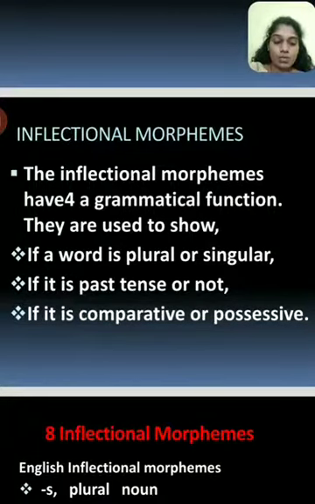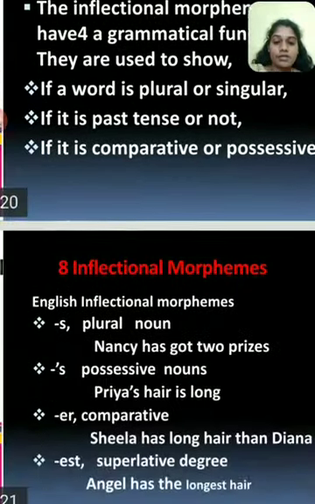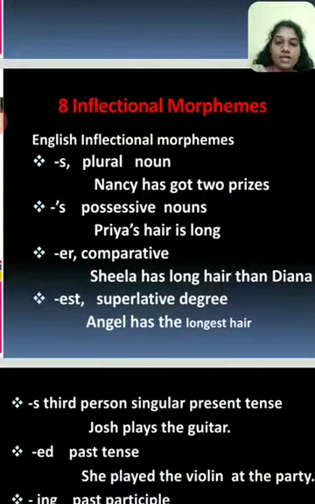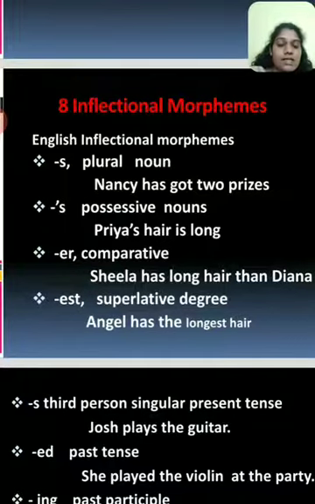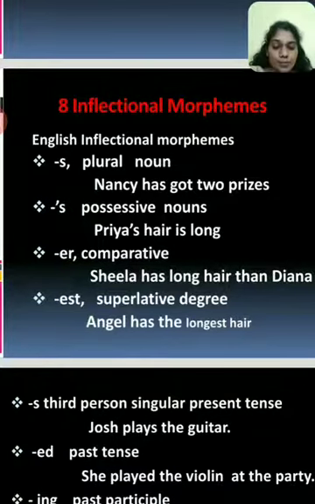In English, only 8 inflectional morphemes are there. That is, plural noun. Nancy has got 2 prizes. Plural, which indicates the prizes here. This is plural.